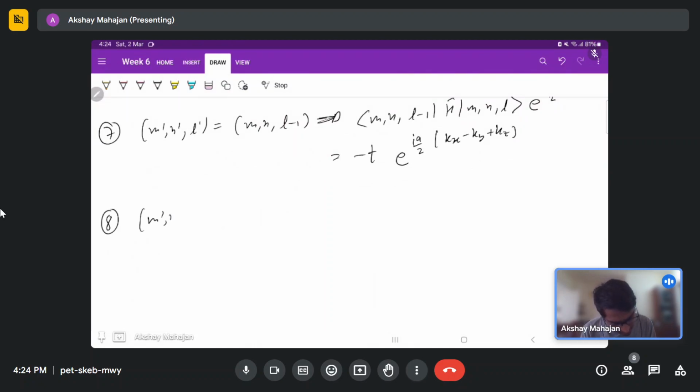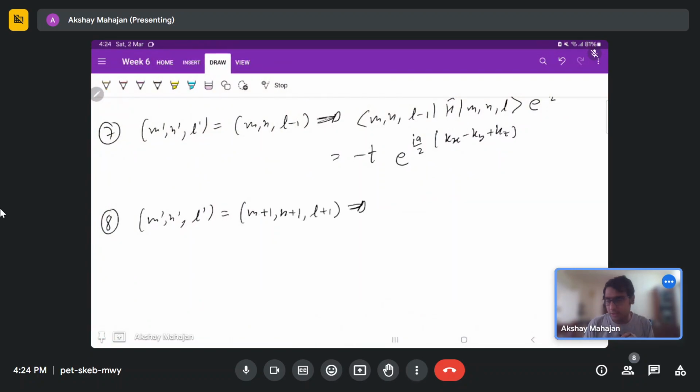Now the remaining two terms will be for those two neighbors on the body diagonal, which are formed by all the three vectors. So one will be for m comma n comma l plus 1. It is m plus 1 comma n plus 1 comma l plus 1.